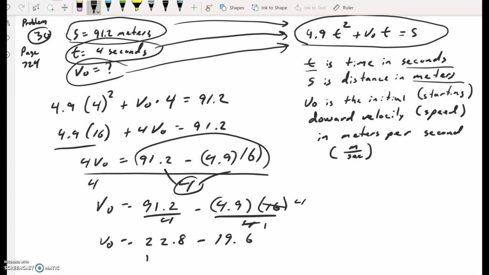So, subtracting these two, we should find that the initial velocity is 3.2, and I said that would be in meters per second, so I will believe myself. Meters per second, and we should be done.